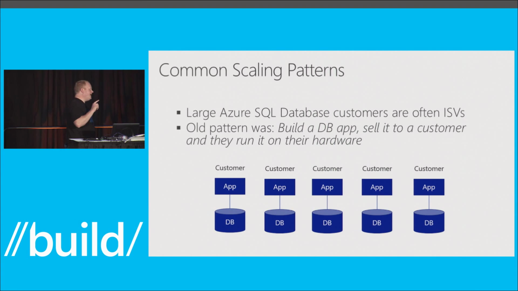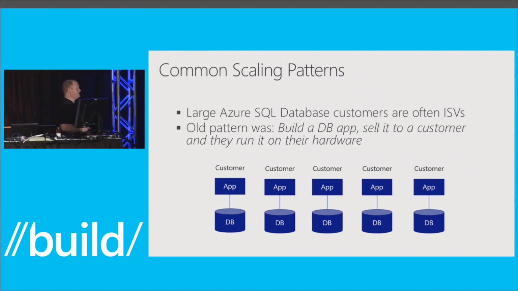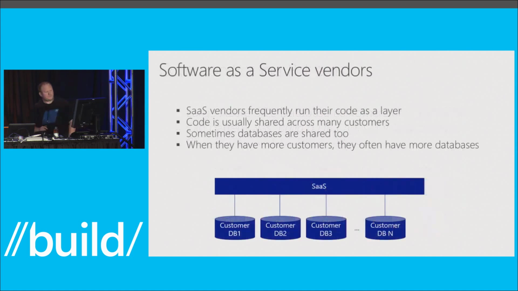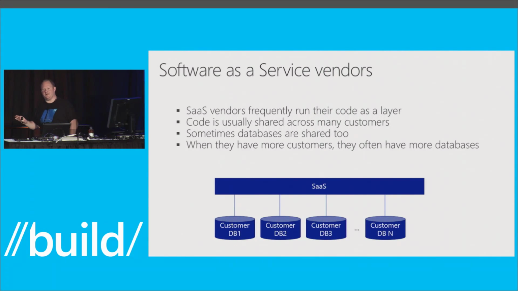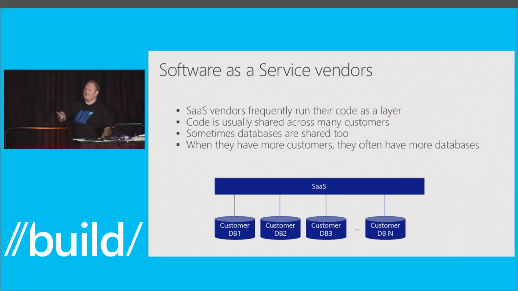And it turns out this pattern works very, very nicely in SQLDB as well. What we see working very well is that the ISV or SaaS provider creates a database per customer. You can also obviously put multiple customers in one database.